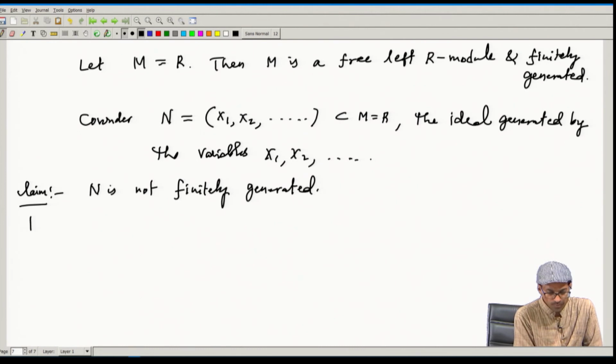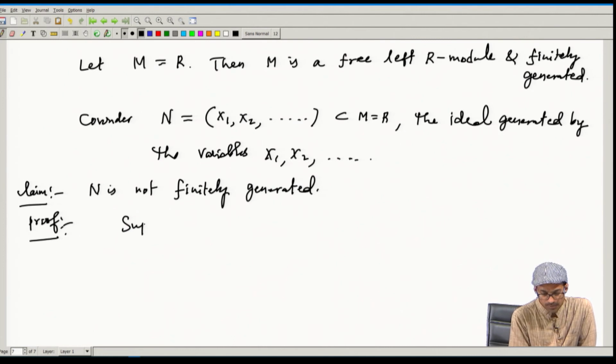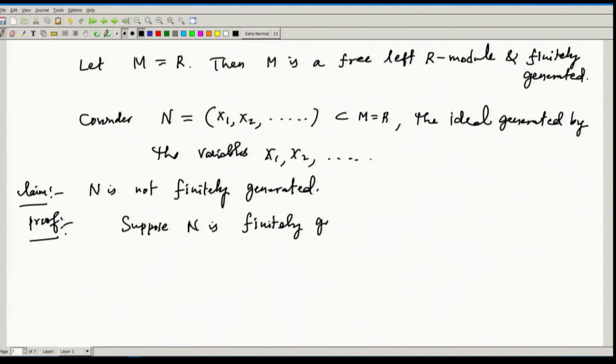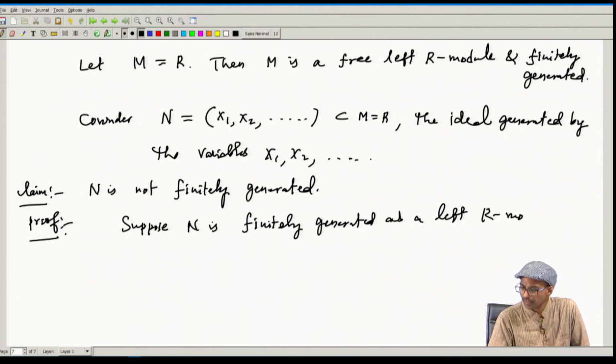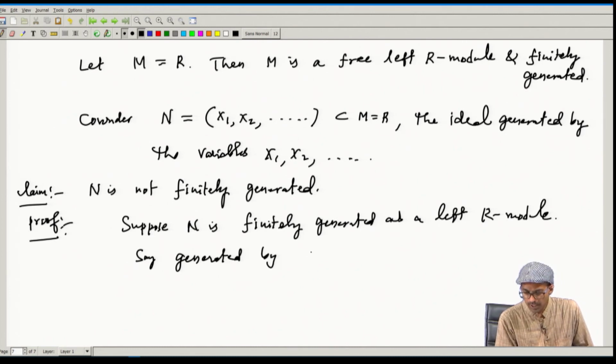Now proof: suppose N is finitely generated as a left R module, say generated by the polynomials f1, f2 and so on, comma fr.